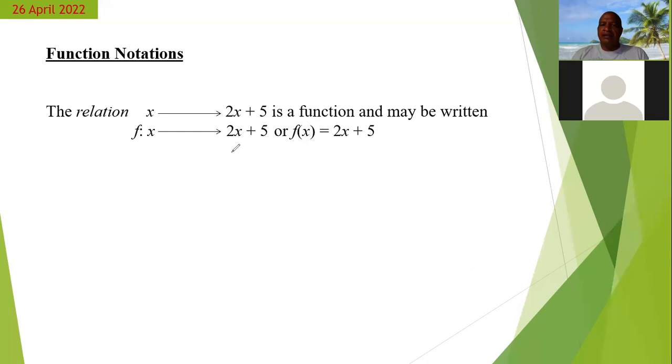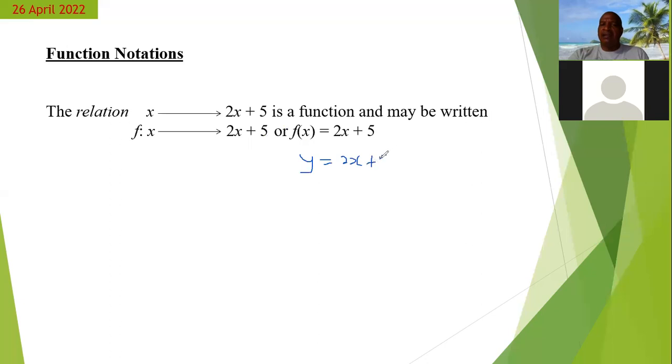So this is how we write the function in a symbolic form. Now, remember, as I had mentioned before, when we're dealing with functions, we're still dealing with equations. When we're doing graphs, instead of f of x, we would say y equal to 2x plus 5.